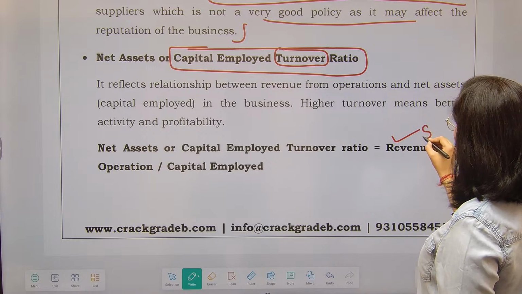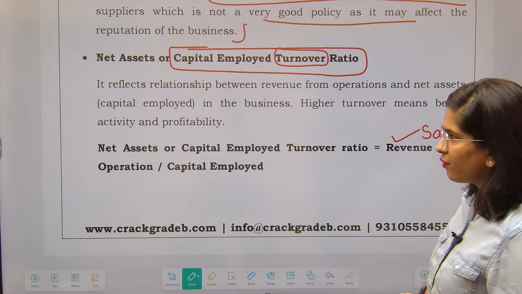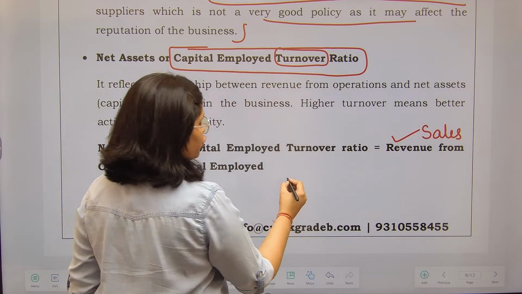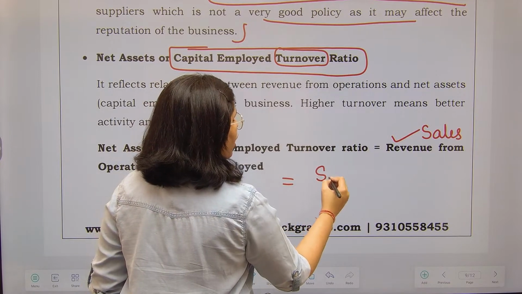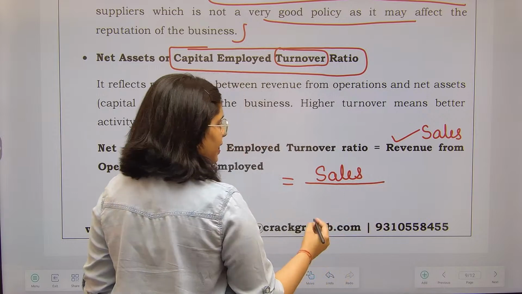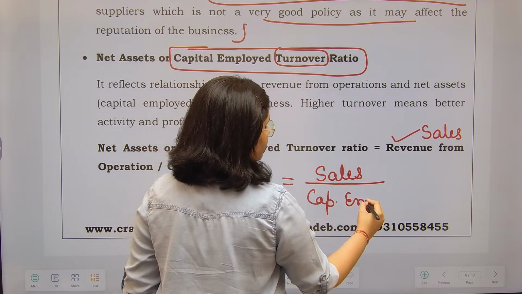That means in the numerator you have to take sales. So if someone asks what is the capital employed turnover ratio, because turnover is written, I will keep sales in the numerator and capital employed in the denominator.